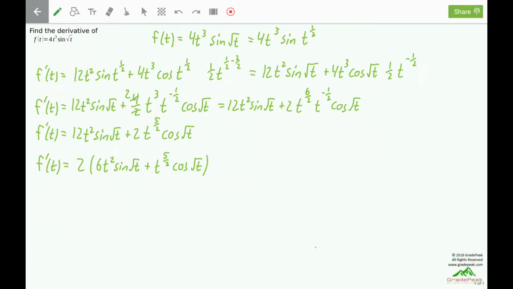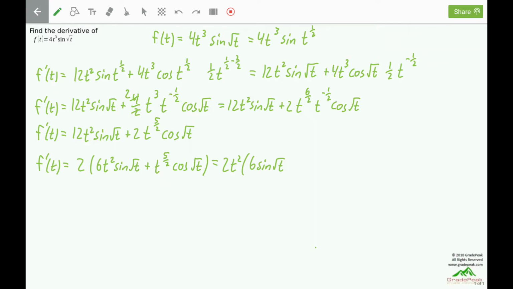But we can actually factor out t as well here to a power. Now what we have here is t squared and t to the 5/2. 5/2 is a little bit bigger than 2, so the lower power is the t squared. That's the amount of t that we can factor, so it'll be a t squared that'll factor out. Now for the first term, that will remove all of it, so it'll be sine just the square root of t.